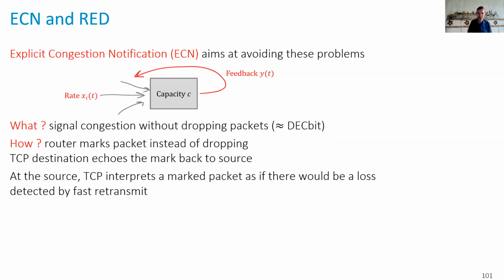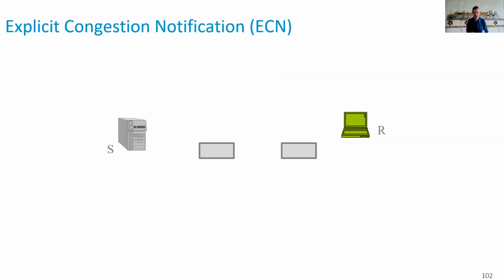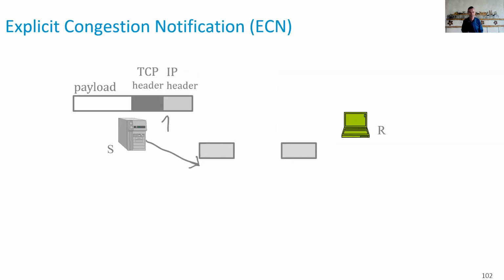So how is it done? Well, let me illustrate on this animation here. It's done by a combination of the IP header and the TCP header. So those are the obscure fields that we did not discuss in the IP header and the TCP header.